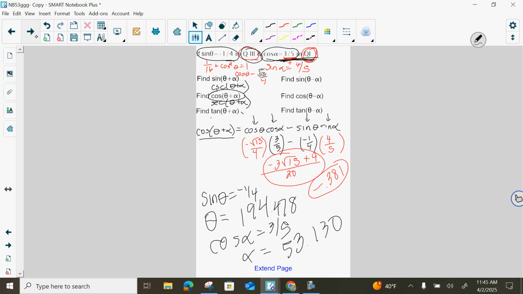So I don't need to do anything to it. So now let's check your answer. Do theta plus alpha. I'm getting 247.61. I didn't round off. Do cosine of that value, and it should get you -0.381. Yay, it matches.